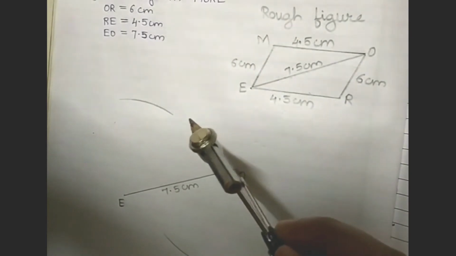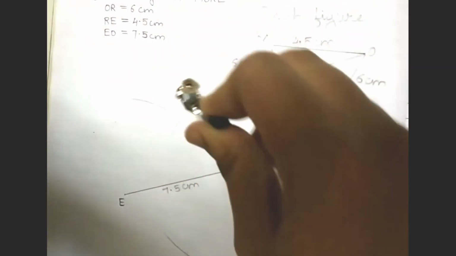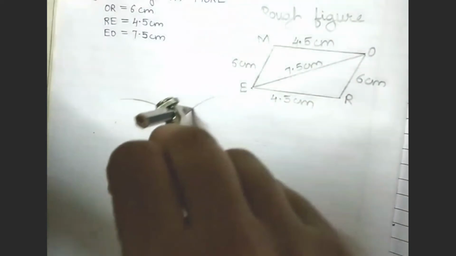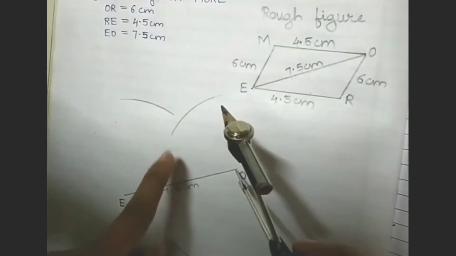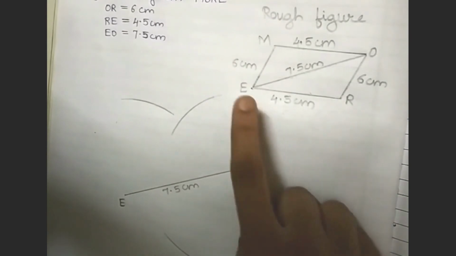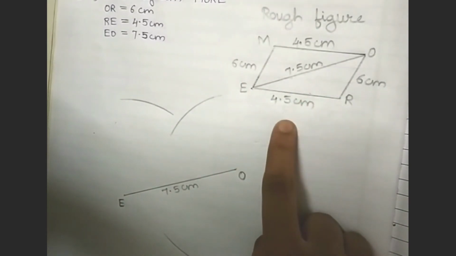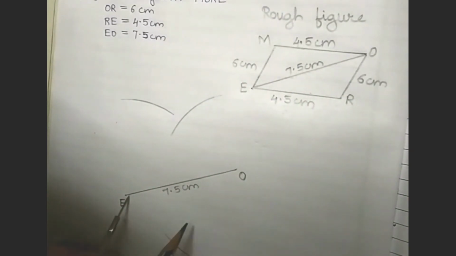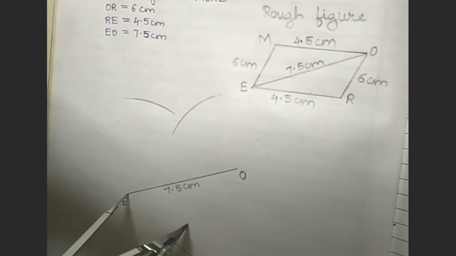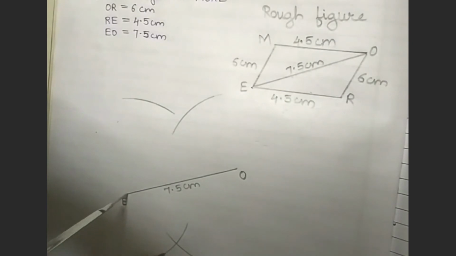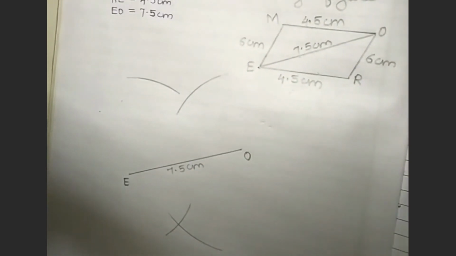So I will keep my compass on point O, and I will draw an arc here. So this is 4.5 centimeter, and similarly I know that ER is also 4.5 centimeter. So I will keep my compass point on point E, and I will draw an arc over here.